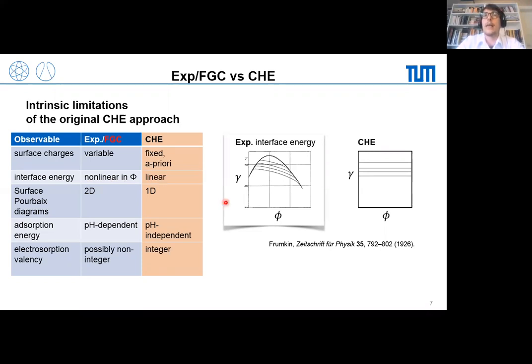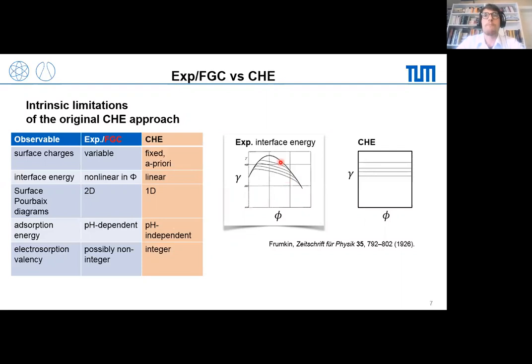And you see here a very simple system. This is an experiment on the left from 1926 by Frumkin. It's just a mercury electrode in aqueous solution, and you can see that the interface energy as a function of the potential is clearly curved, nearly looking like a parabola.